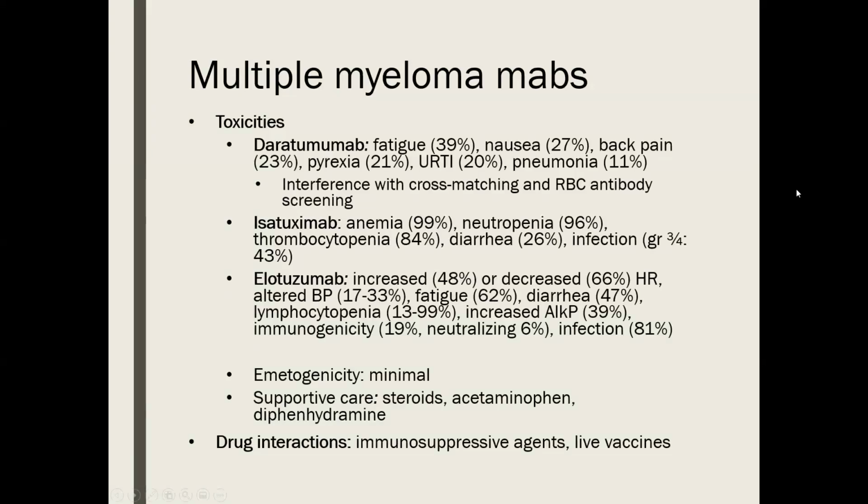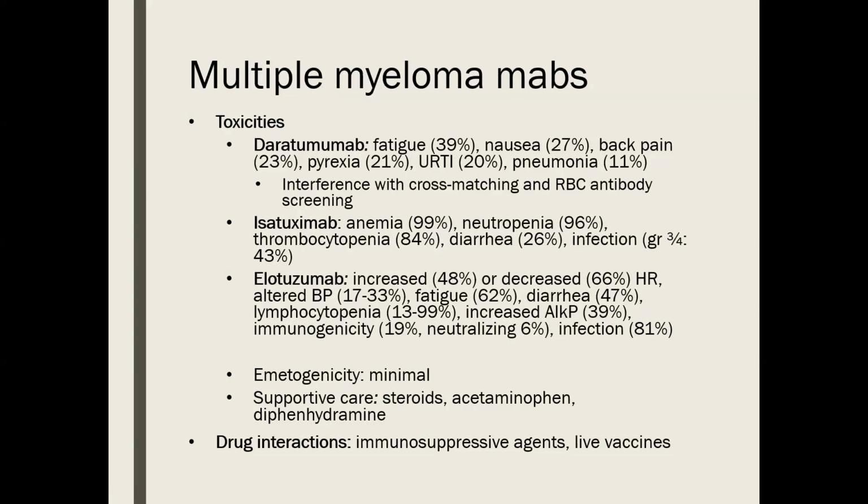Here's a classification of the toxicities that you would expect for some of these products. Daratumumab is kind of unique, again, because it's the one that we use most readily, but also it includes interference with cross-matching and RBC antibody screening. So anyone who's received daratumumab currently or in the recent past needs to be careful about their cross-matching and RBC compatibility.